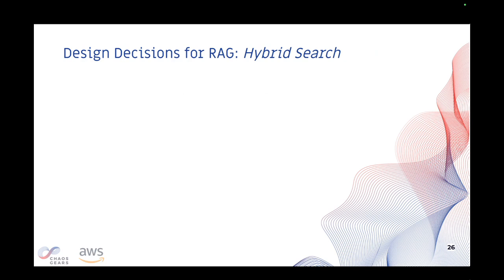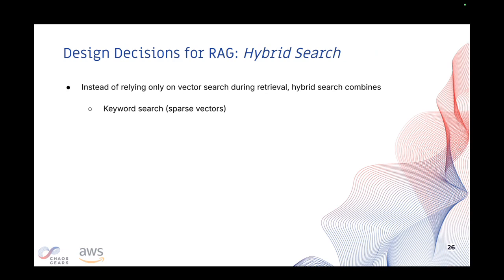The next thing is hybrid search. Regarding hybrid search, it introduces basically two search pipelines. So instead of using only vector search and those embeddings during retrieval, you can also use keyword search. And keyword search is also called sparse vectors, where you concentrate on only matching documents that contain words or keywords that are present in the user query.